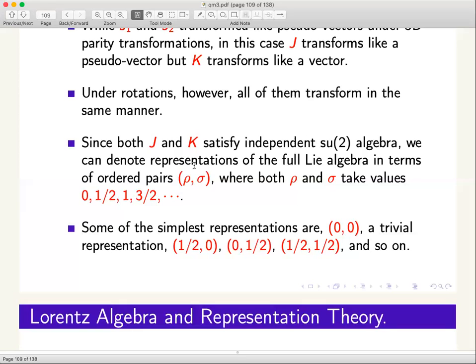So the total representation theory should be an ordered pair, one corresponding to J, one corresponding to K. Since we know SU(2) representation theory already, we just write down all kinds of allowed values and say that all those allowed values are representations of this algebra.